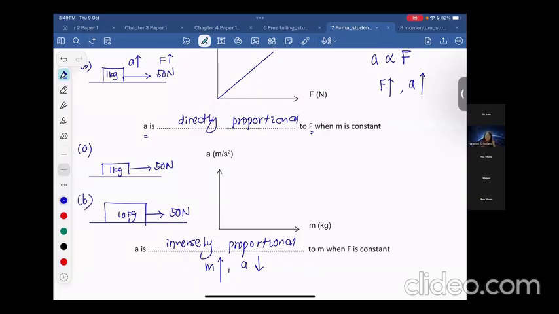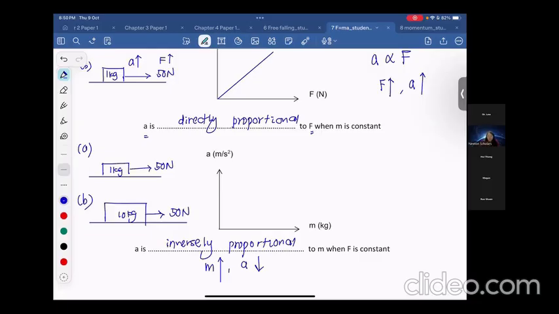Which one will have greater acceleration? Which one is easier to accelerate, speed up? The heavy one or the lighter one? Which one is easier to accelerate? Let me check. Okay, Hui-Tong, Megan, and also Teresa.